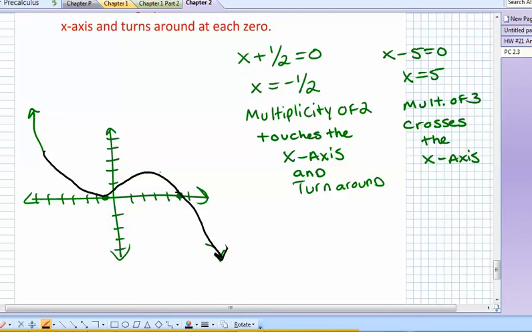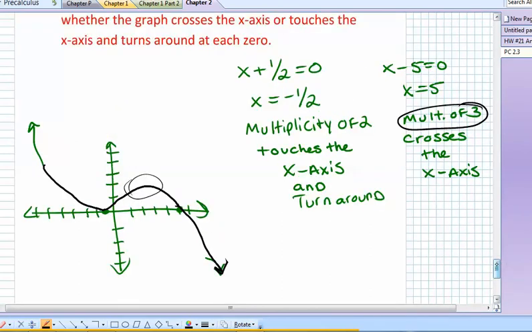I don't really know exactly what it does in the middle, but I know that it's going to go towards the zero, touch it, and because the multiplicity is 2, go back up, then turn around and go through 5 because 5 has a multiplicity of 3, which means it's odd. So that's how the multiplicity helps us to graph. So basically, without plugging in any points, we've drawn a rough sketch of this graph because of the leading coefficient test and because of finding the zeros and multiplicity.